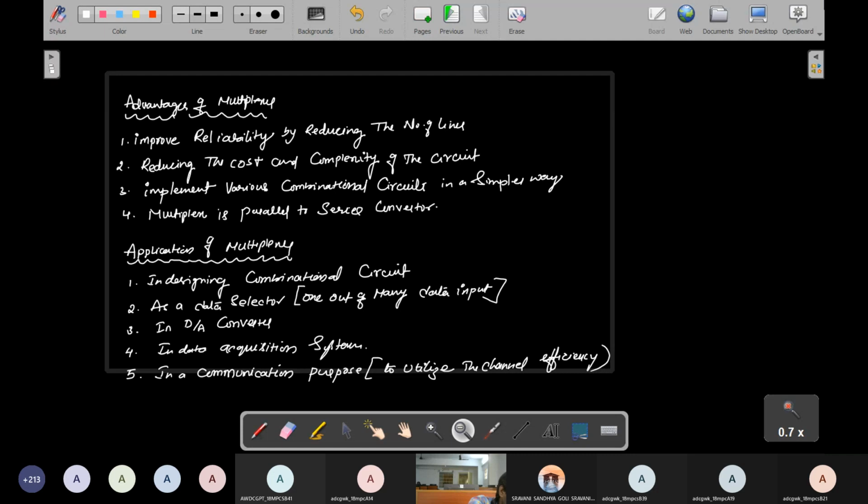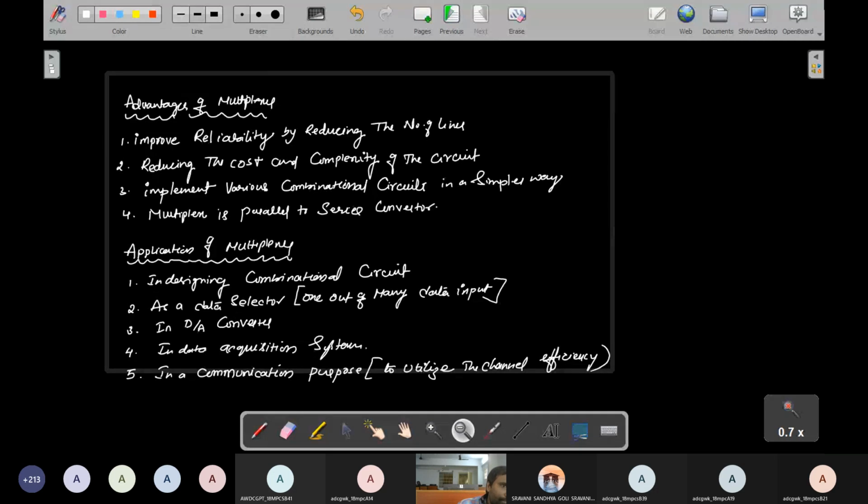Right. So shall we move to what is a demultiplexer? Okay, right now I'll tell you what is demultiplexer. Already multiplexers are over, and next the topic is demultiplexers. Okay, so next concept, please note everybody.